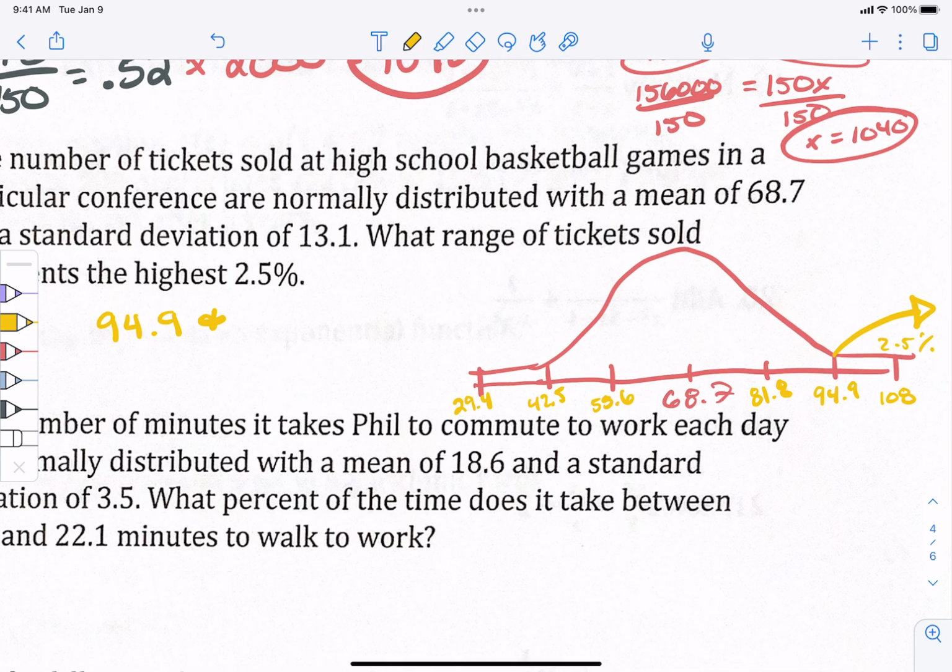So I'm going to say 94.9 and above, or you could say anything higher than 94.9. That would be in the highest 2.5% of tickets. So if one game sold 100 tickets, that would be in the top 2.5% of popular games. All right.